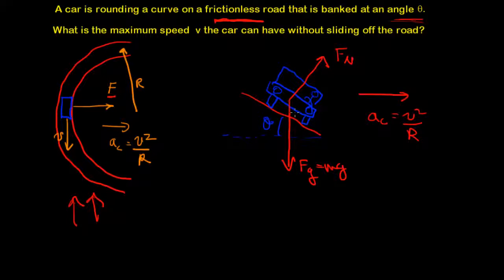This is like somebody going around a banked curve. The road itself isn't horizontal, but the circle is horizontal. The road is tilted, and that's the direction of the acceleration.